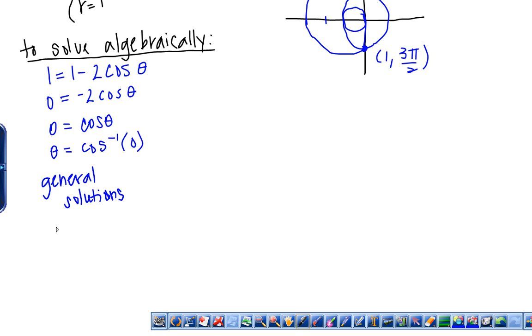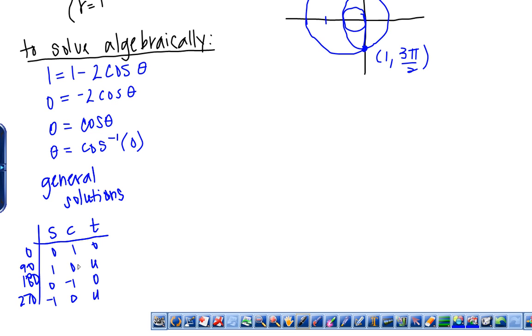I'll do that really quick, or you might want to as well. So there's sine, cosine, and tangent. Remember, OIO starts with a 0, then 90, 180, and 270. Okay, so cosine is 0. Where is cosine 0? At 90 degrees. It's also 0 at 270 degrees. So I'm thinking up here at 90 degrees and down here at 270.